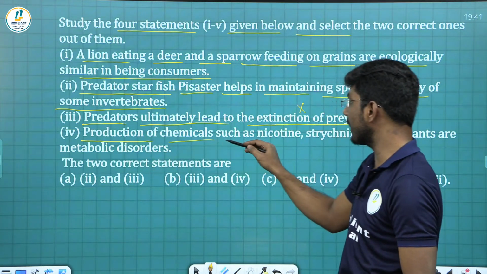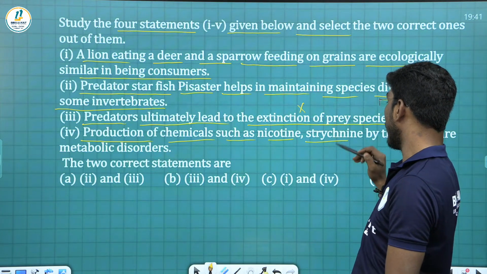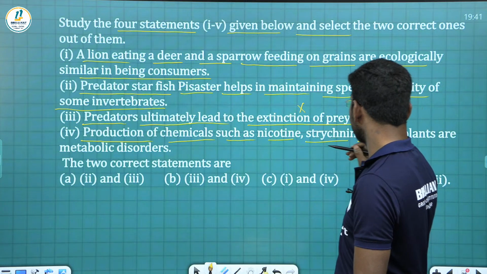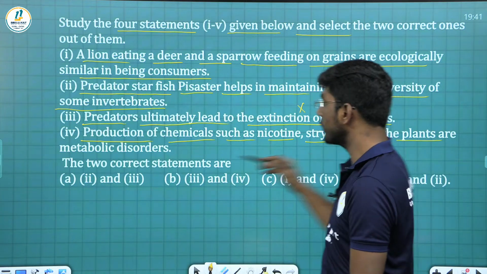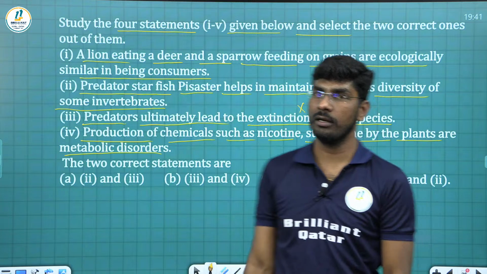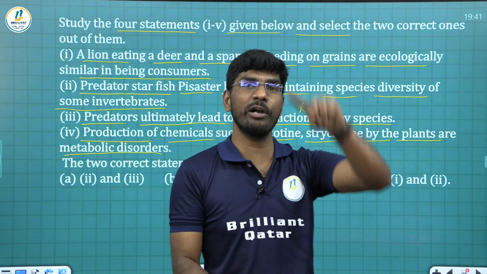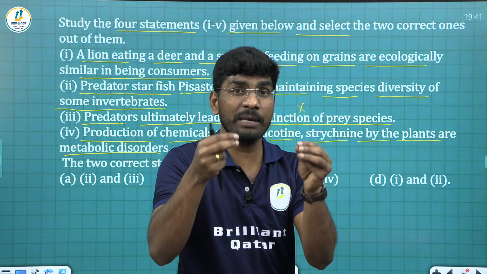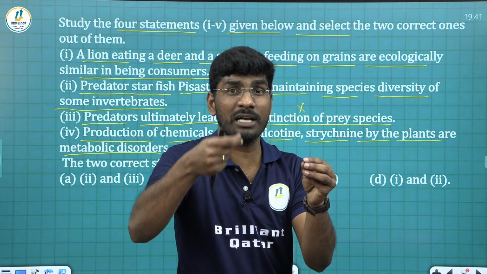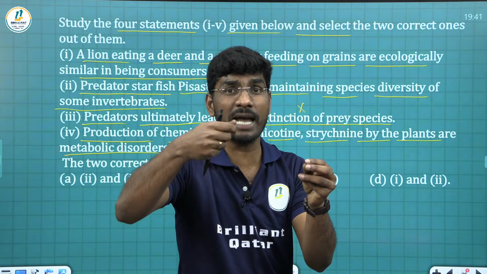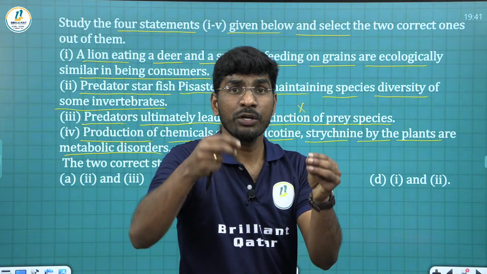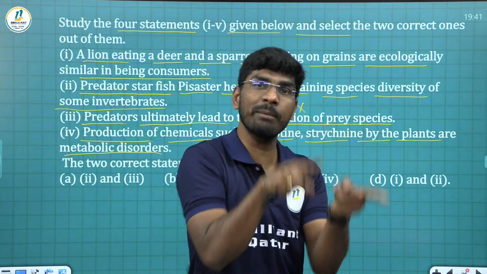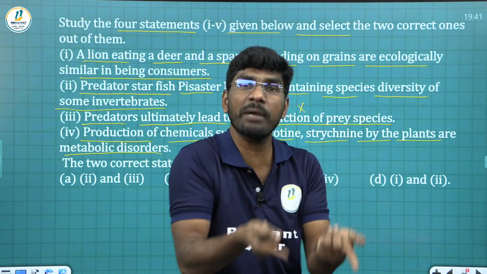Production of chemicals such as nicotine and also strychnine by the plants is a metabolic disorder. Go back to the 11th grade biomolecules chapter. What we discussed, this type of chemicals like resins, gums, tannins, quinine, these all are secondary metabolites for the defense mechanism.